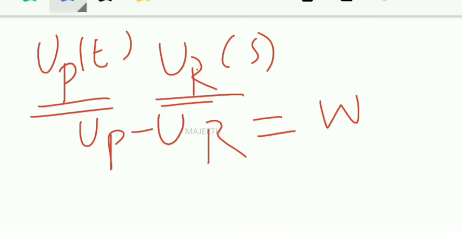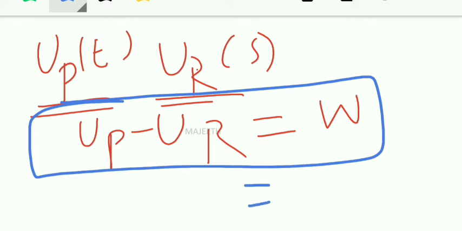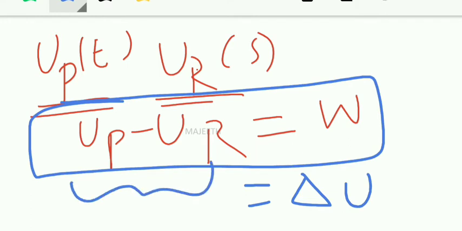So the difference in potential energy is known as the work done to move a charge from one point to another, here from point R to point P. So UP minus UR is equal to W, which is equal to del U. Del means change. How much potential energy has changed from point R to point P? That is what the difference gives.